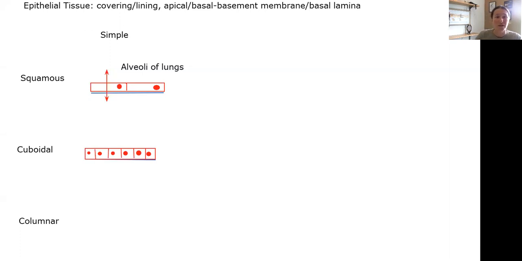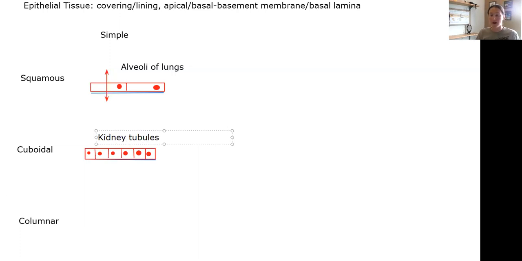So if we think about the function of this particular tissue, what types of structures would need a lot of secretory and absorptive ability? Well, your kidney tubules.